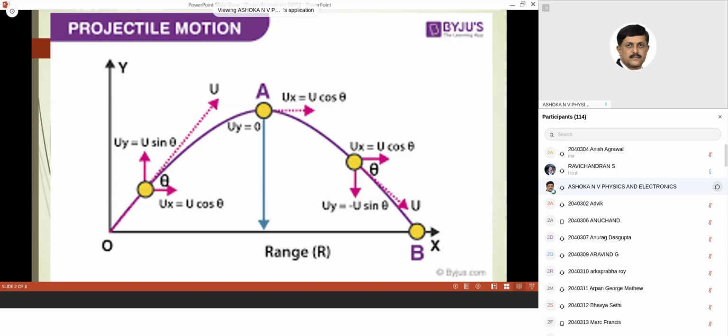It will move continuously with a certain velocity. For this, we have to derive the equation for maximum height. Based on this vector diagram, it is clearly shown that the vertical component uy is equal to 0 at that point.